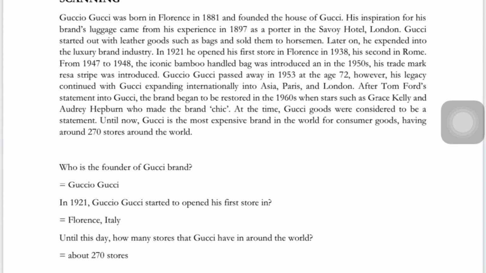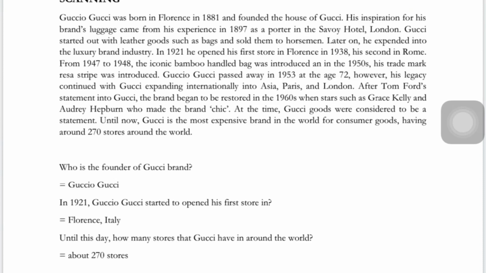And the last question is, until this day, how many stores does Gucci have around the world? To answer this, we just look at the question type, and until this day, how many, and how many is related to a number, right?